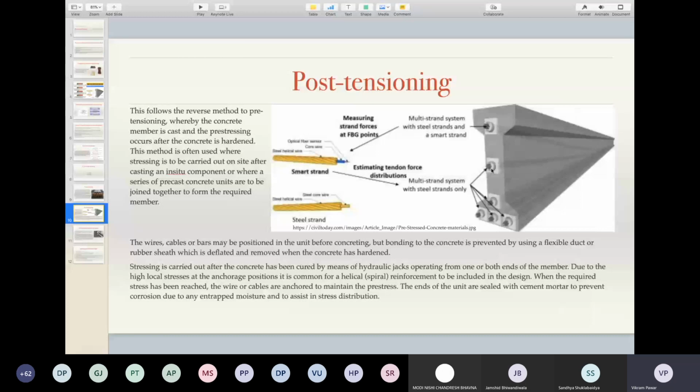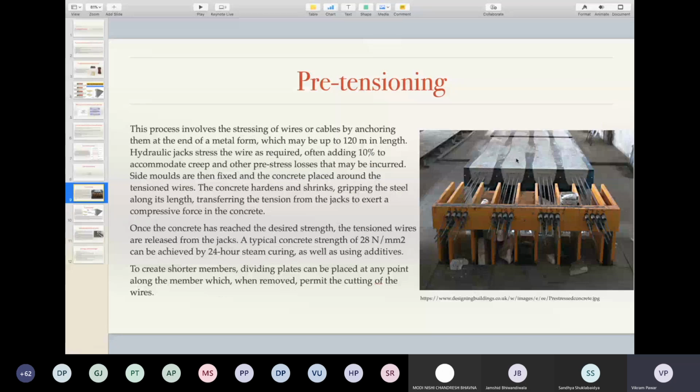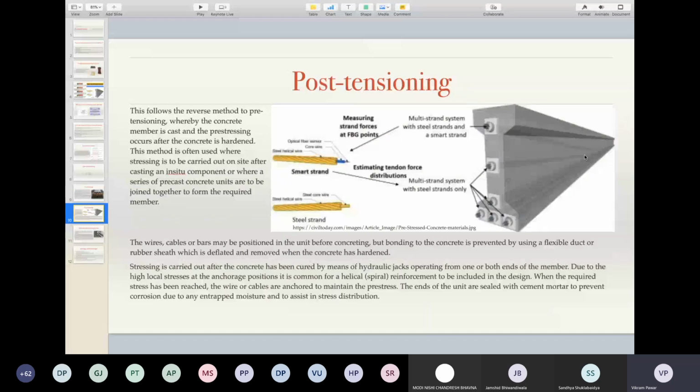Unlike in pre-tensioning, where the concrete was uniformly stressed across its length, in this the maximum stresses are going to be at the ends where the anchorages are, and as it goes towards the middle, the stress is going to be lesser and lesser.